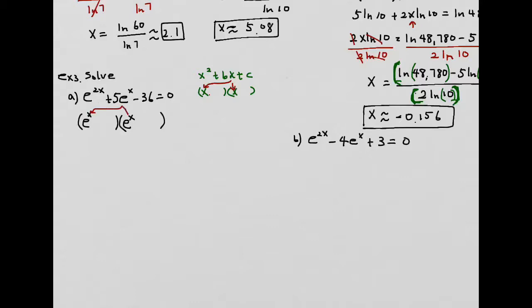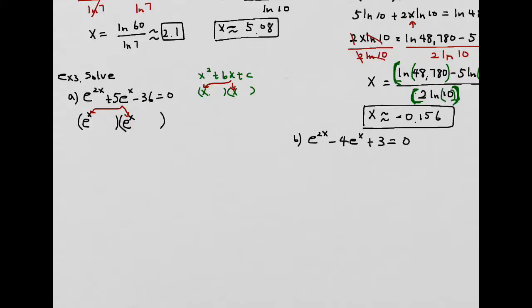When you multiply those two, you end up getting e to the 2x exponents, right? And the sign of your constant is negative, which means you're going to have two different signs, one positive, the other negative.